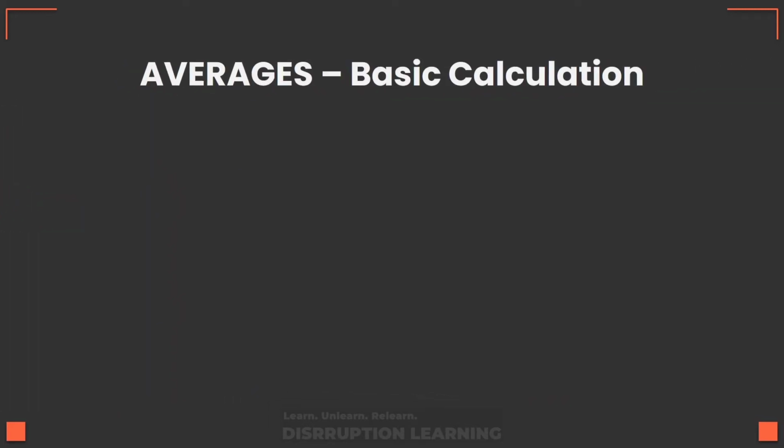Even in mean, we have 3 kinds of means: arithmetic mean, geometric mean, and harmonic mean. What we are interested in is arithmetic mean. This is what we are going to learn in these videos, and this is what is majorly asked in your aptitude exams or tests.